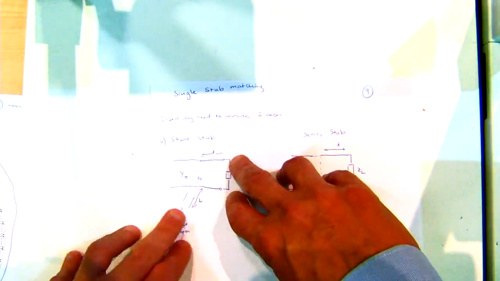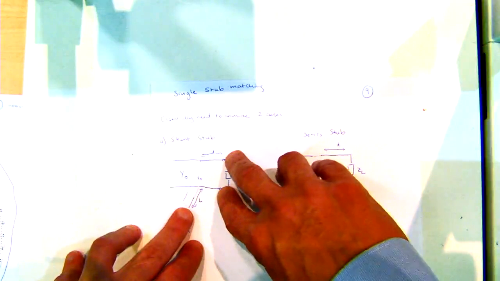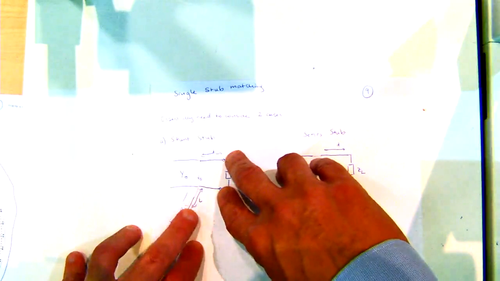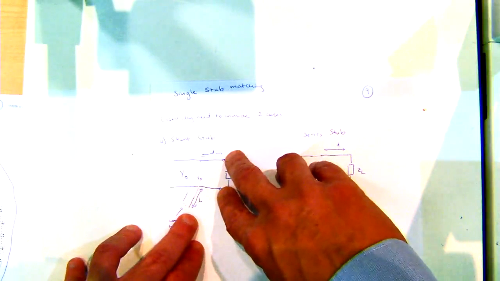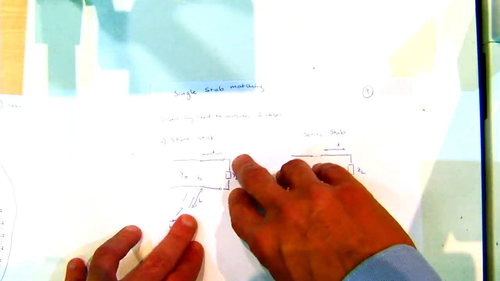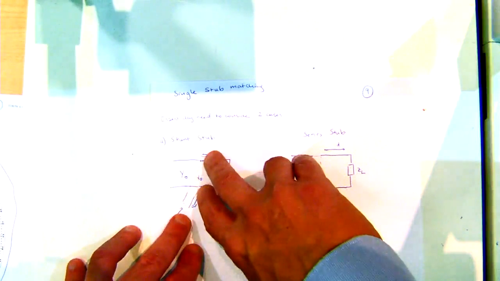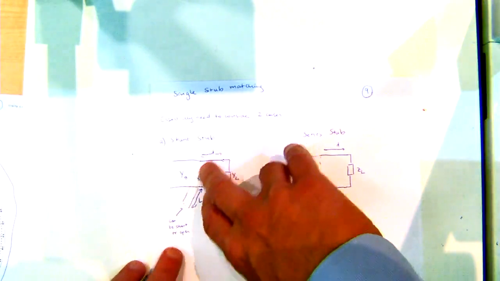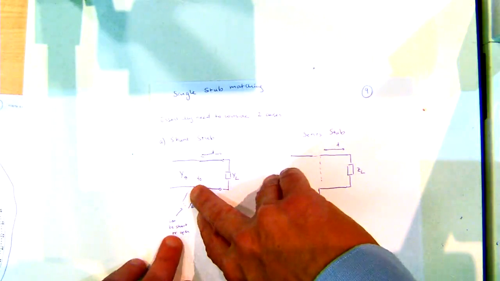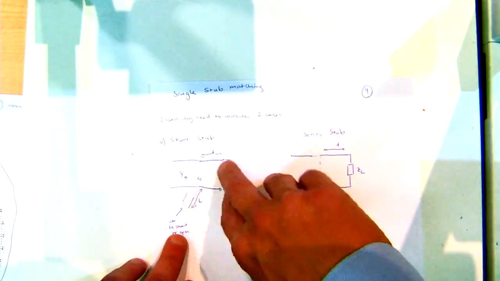Specifically, we're aiming to determine two things: if we've got a load, at what distance do we need to add a shunt load, a shunt stub, in order to match?